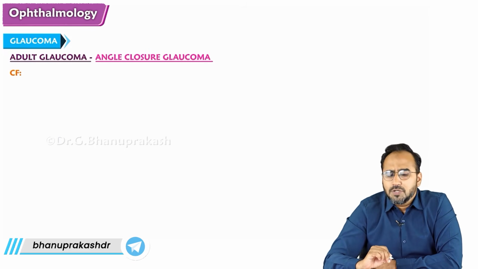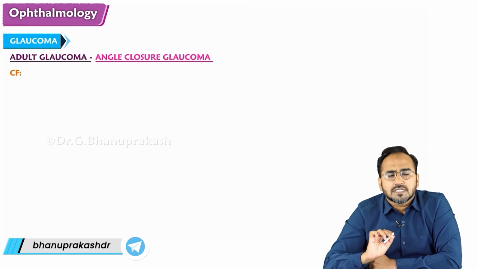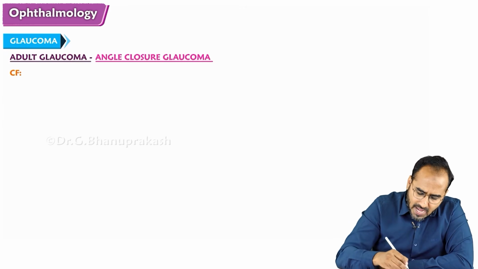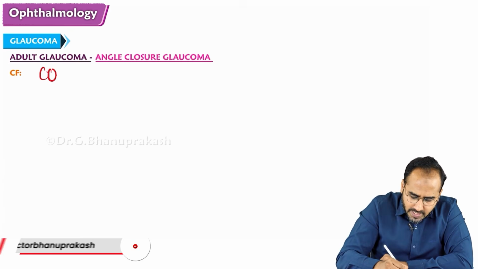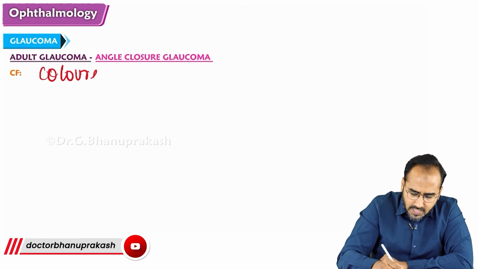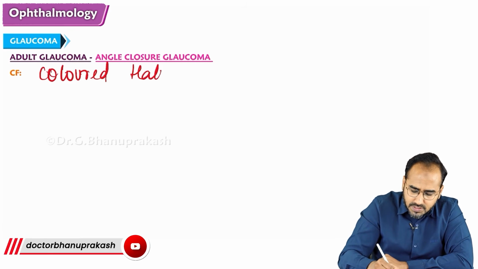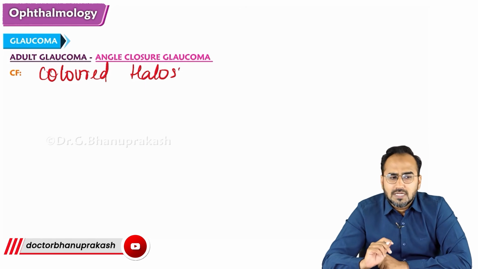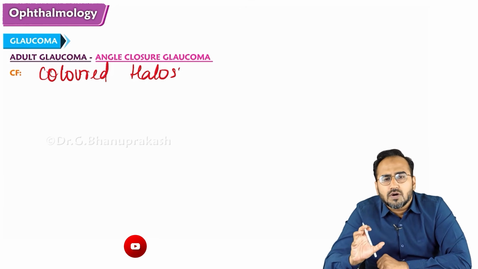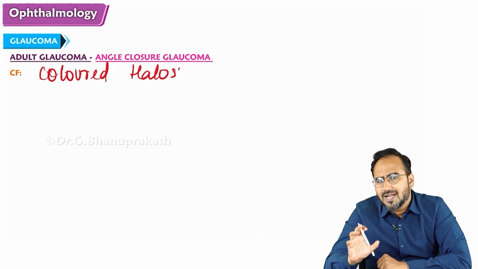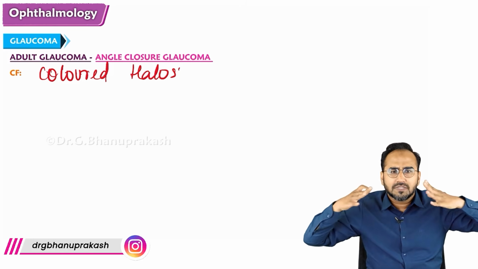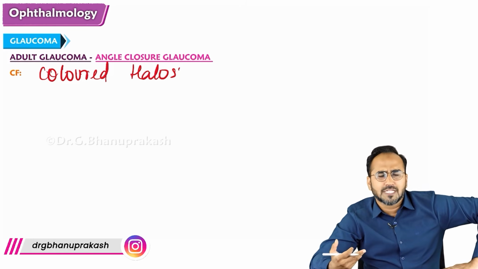Other clinical features that you can see in angle closure glaucoma: the patient will also have colored halos. Come on, guys, what is meant by colored halos? Colored halos means that surrounding a source of bright light, you will see some scattering of colors. Guys, you can experiment with it.